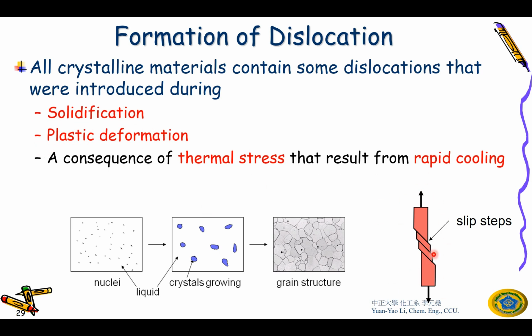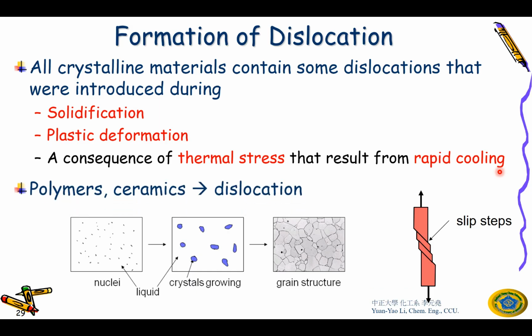Plastic deformation is permanent deformation. Or you can have the consequences of thermal stress that results from rapid cooling. The same as the zero-dimensional defects. Metal, polymer, and ceramic have the same story for dislocations.